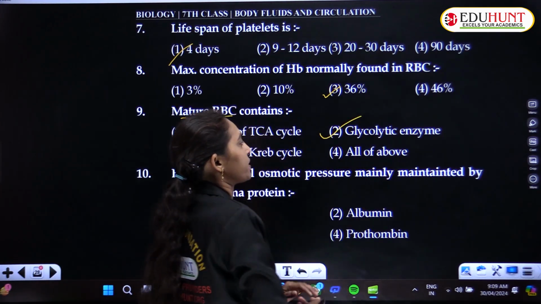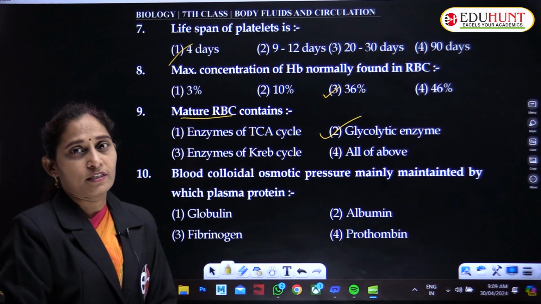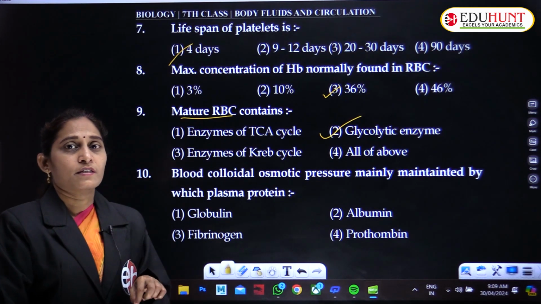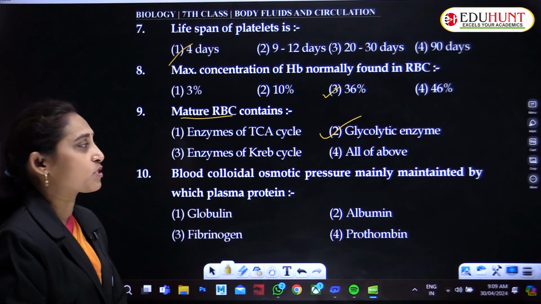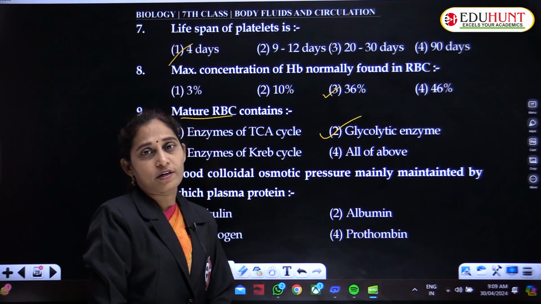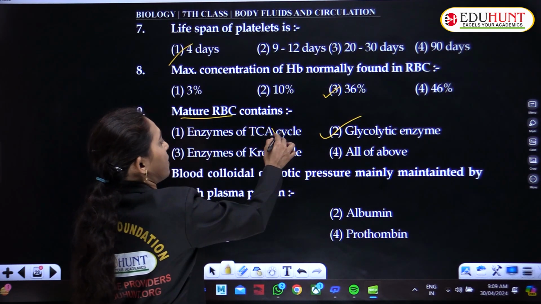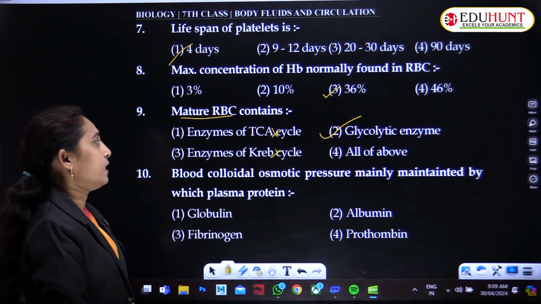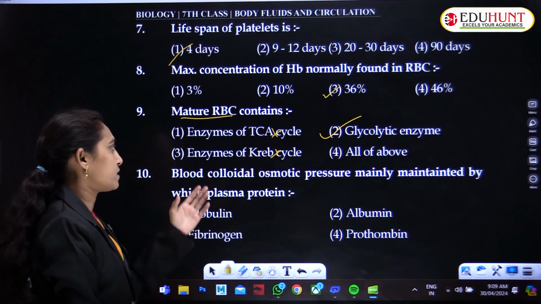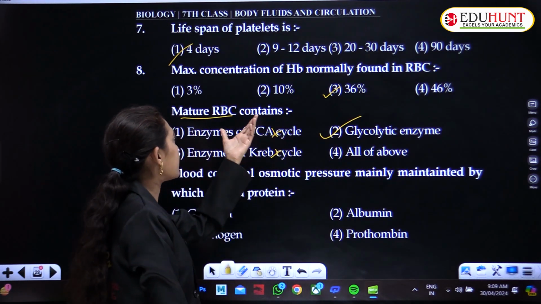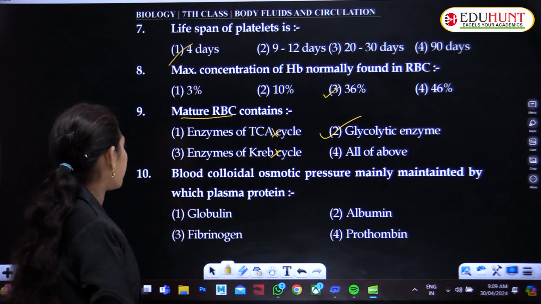Glycolytic enzymes are present in the RBC. Glycolysis occurs in the cytoplasm. So cytoplasm is common, but the thing that is absent is mitochondria. That is why these two cycles do not take place in the RBC. So this is the correct option. Glycolytic enzymes are present in mature RBC.